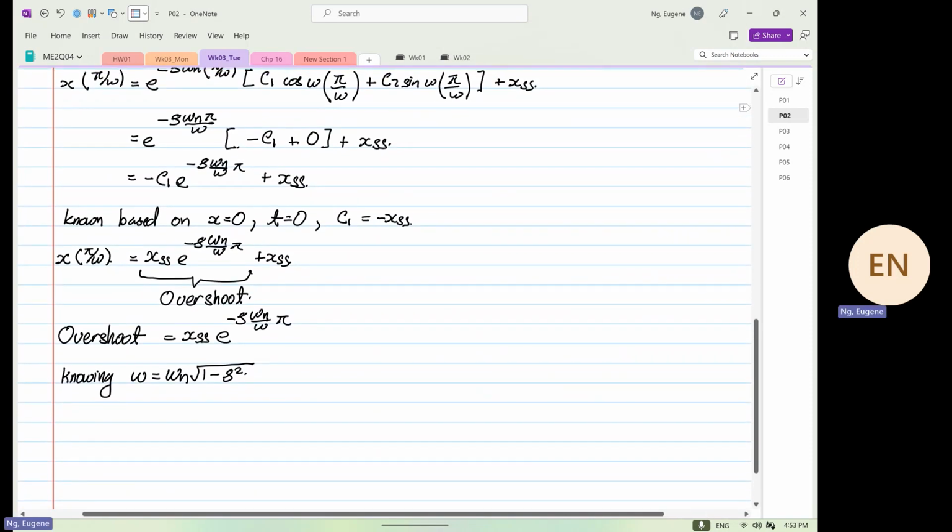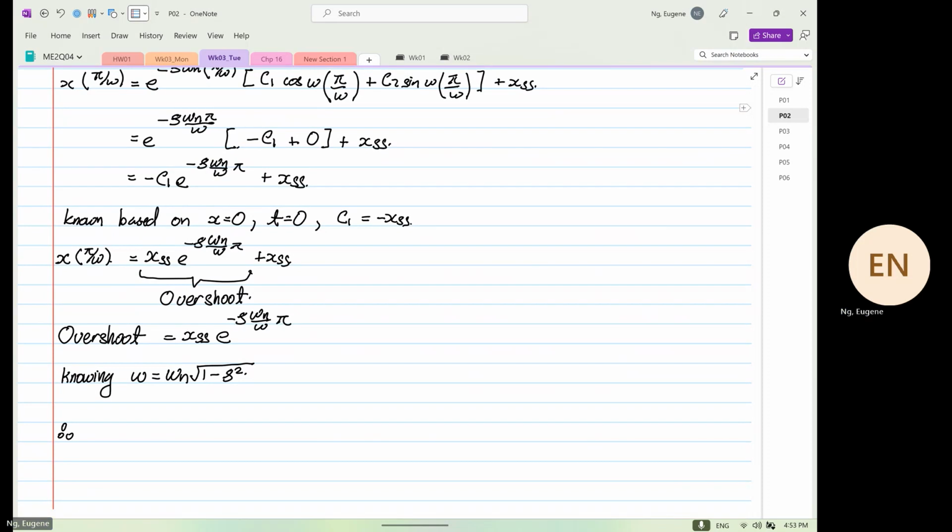So by knowing that, the overshoot will be equal to XSS exponential of minus zeta omega n over omega n square root of 1 minus zeta squared multiplied by pi.